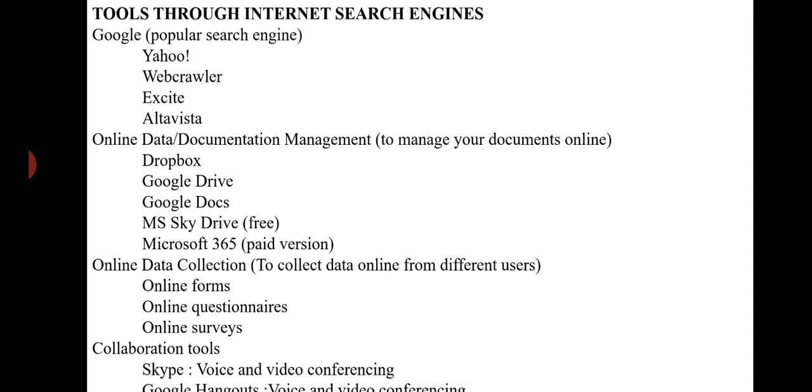Based on online data or documentation management, there are Dropbox, Google Drive, Google Docs, MS SkyDrive, and Microsoft 365. These are used by the researcher for storage of information. Then online data collection like online forms.